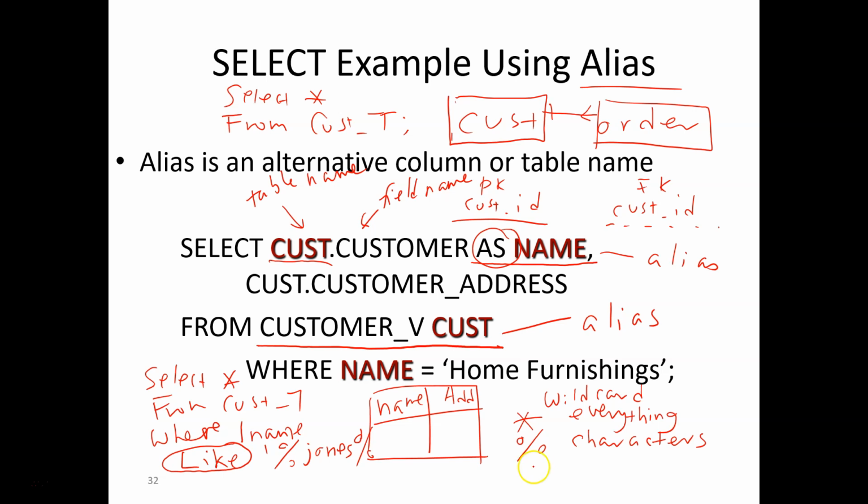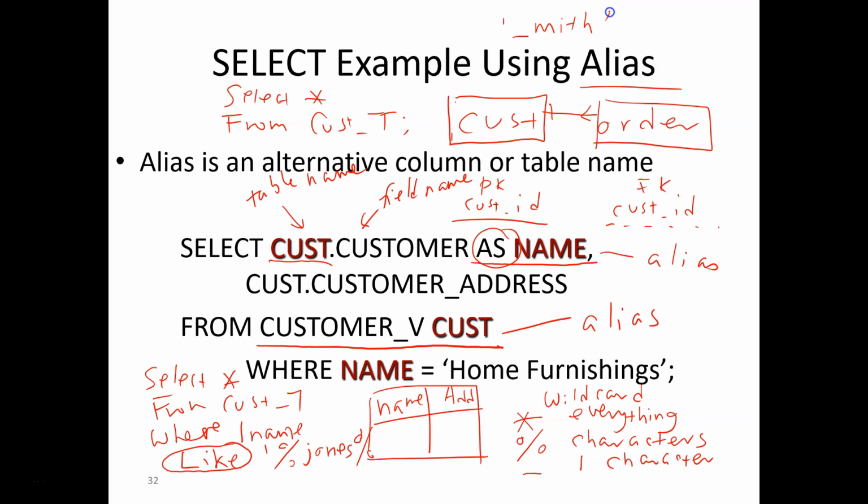Underscore is another wildcard you can use. And underscore is referring to just one character. It can be a number or it can also be an alphabet. So for example, we want to select everything from the customer table where the last name like single quote underscore MITH and the single quote.